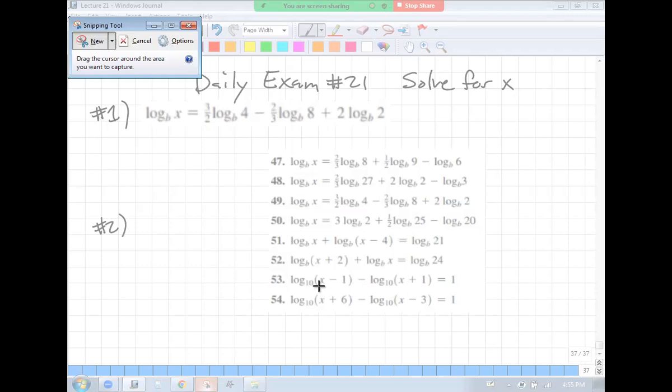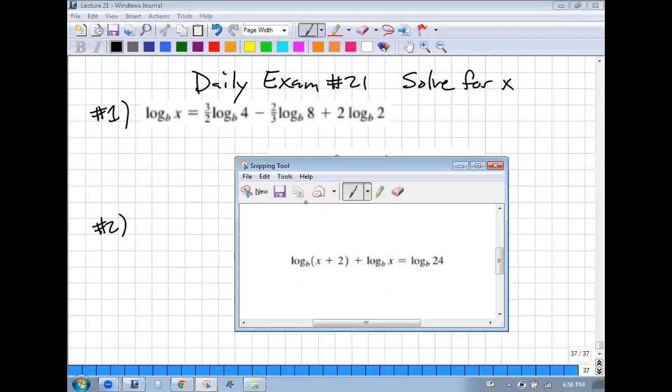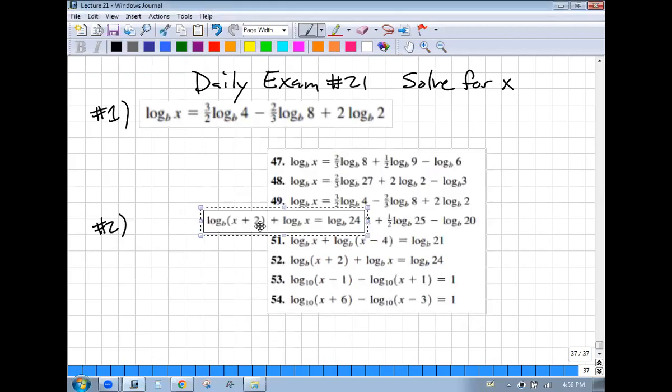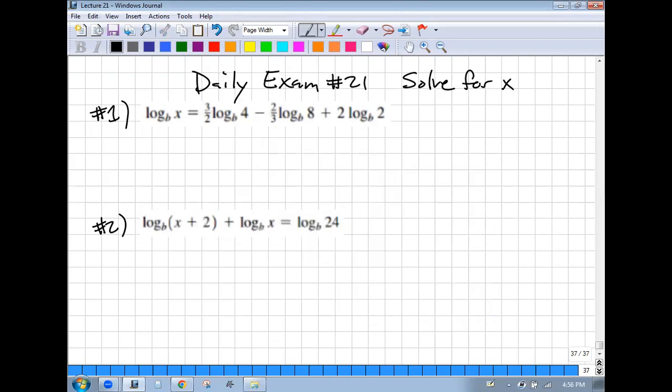And let's do one where there are a couple of different X's. There. So this X is already on one side of the equation by itself. You just need to combine these logs and then do b to the power of both sides. This one, you have to combine the logs to get the X's together. You should be able to do it in about 5 minutes. If you know what you're doing, you can do them in just a few seconds.